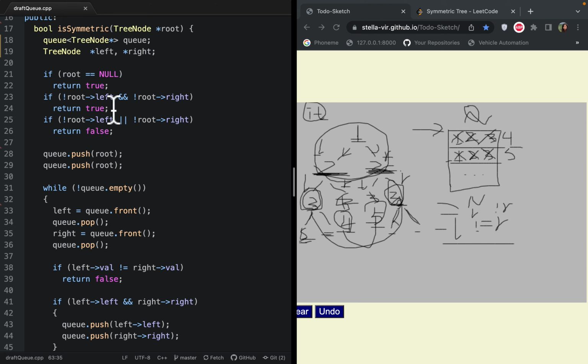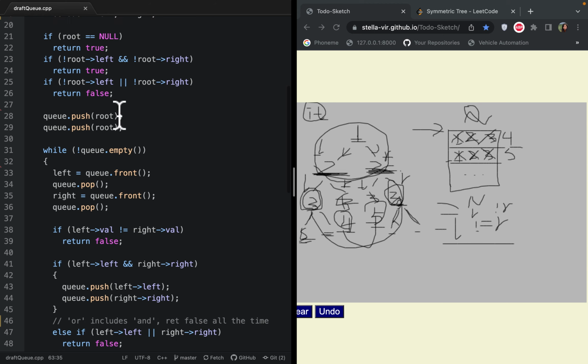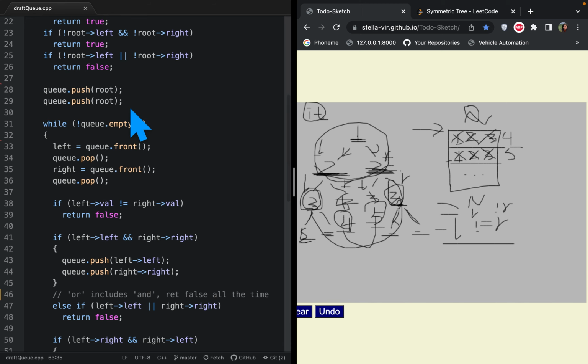So just a quick recap. We put all the edge cases, the base cases, first. For our root, if it's null, there's nothing in there, then we can return true immediately. And also if both left and right branches are empty, return true. If there's just one side, return false. And then, starting from the root, we push it into the queue.